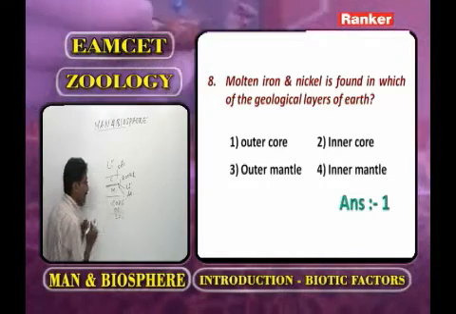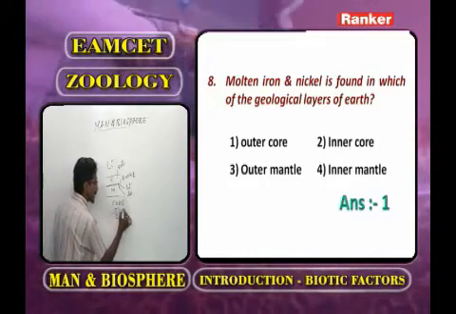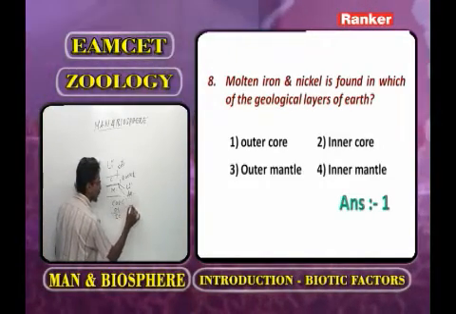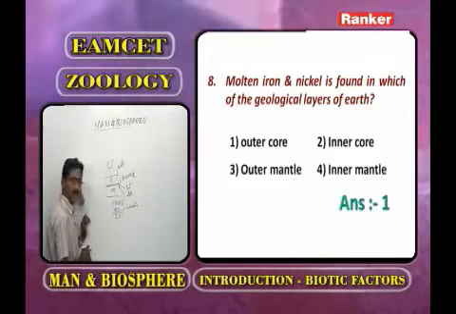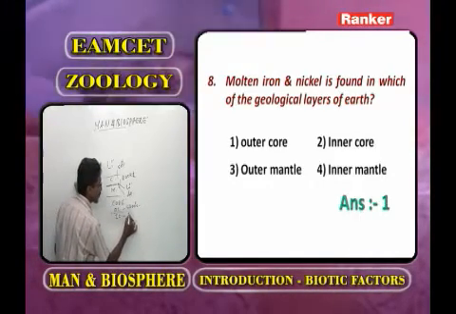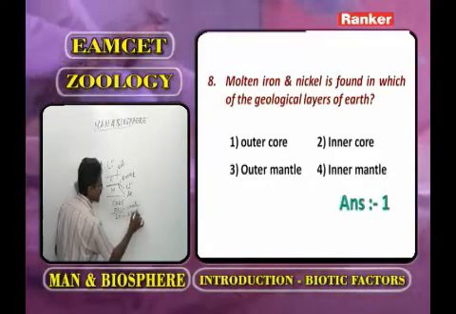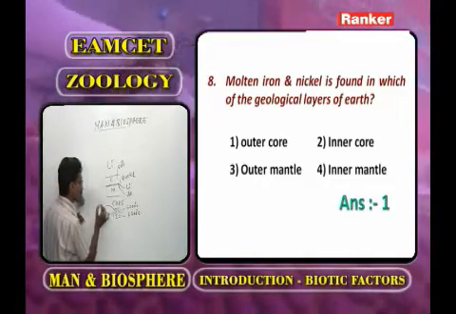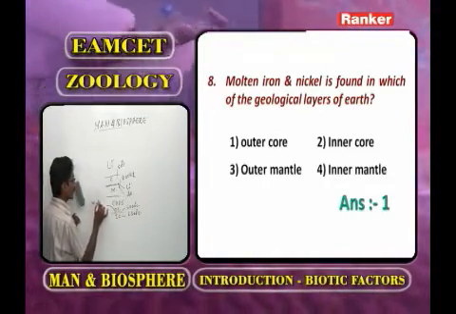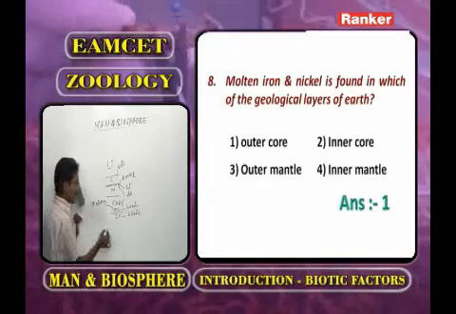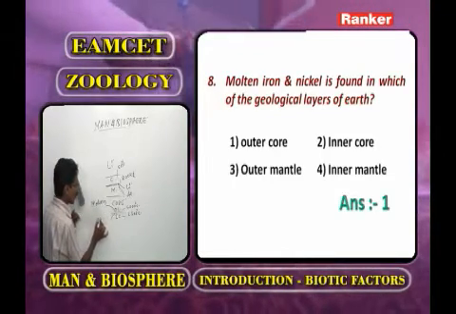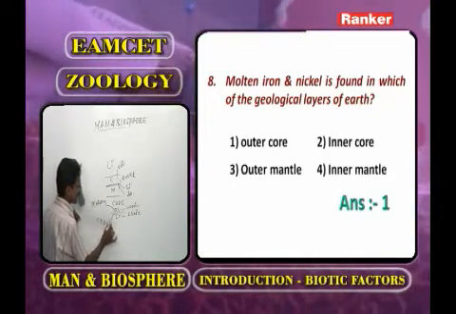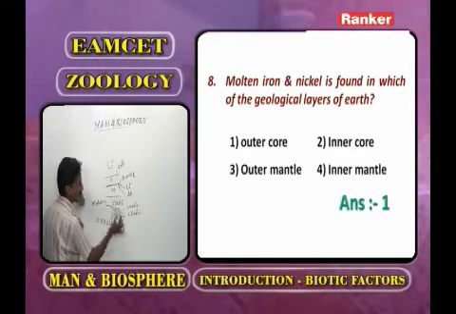The temperature of the outer core is 4000 degrees centigrade. What about the inner core? 6300 degrees centigrade. In the outer core, the materials are in the molten state, whereas in the inner core, the materials are in the crystalline state.